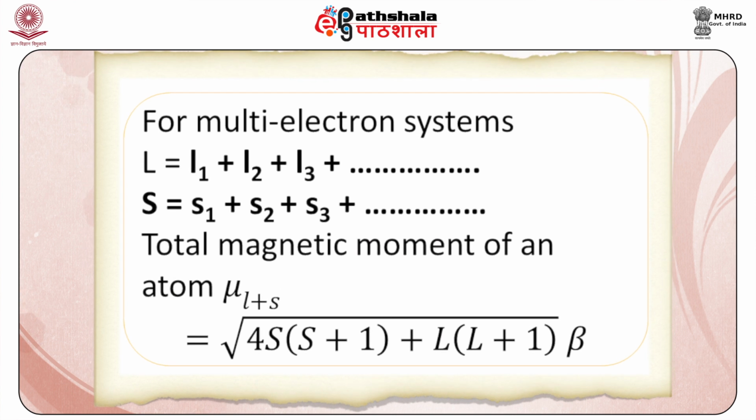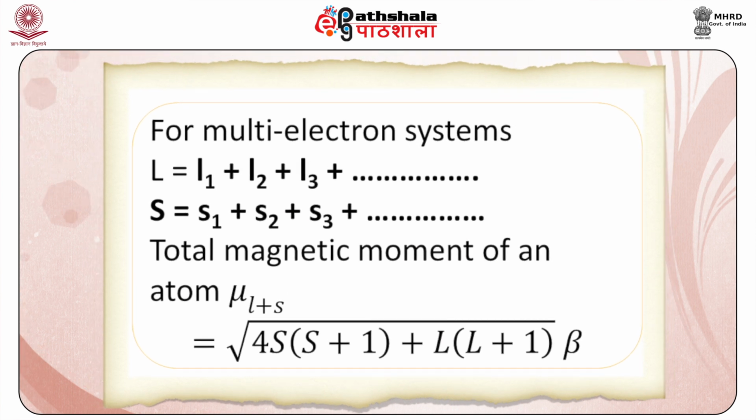For a multi-electron system, capital L is equal to small l1 plus small l2 plus small l3 and so on, and capital S is equal to small s1 plus small s2 plus small s3 and so on. So the total magnetic moment of an atom becomes μ_(L+S) is equal to √(4S(S+1) + L(L+1)) β.